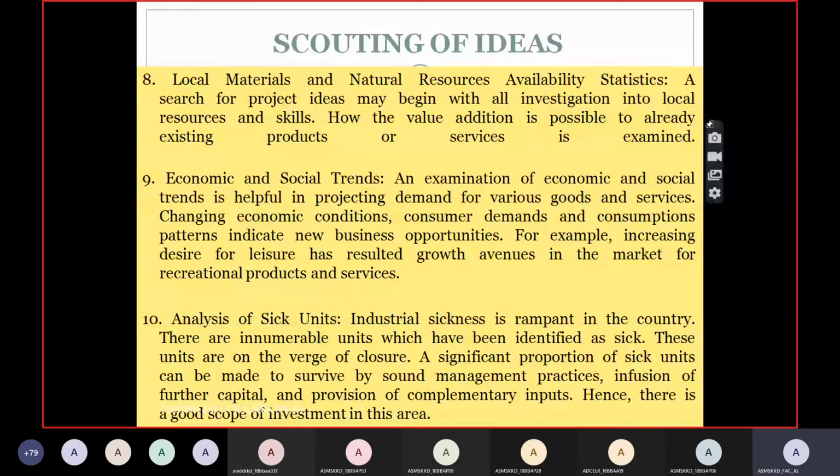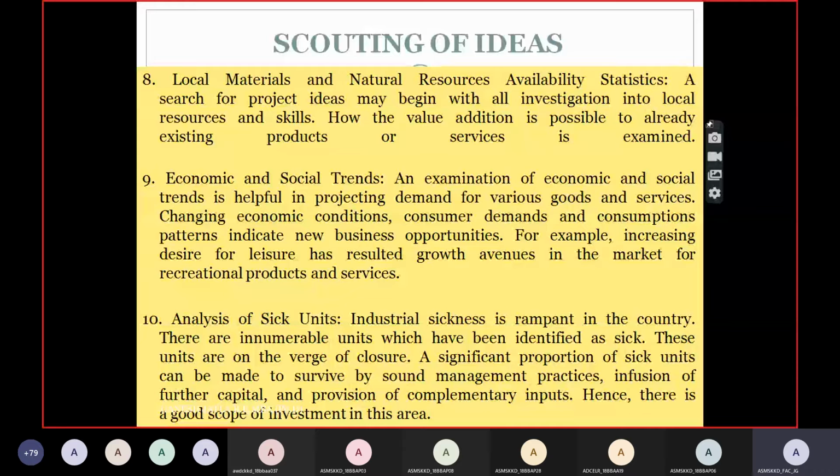And from economic and social trends, you can get ideas in a particular area. Based upon consumer demands and consumption patterns, you can generate new business opportunities. For example, currently the service sector has 5 days of working and 2 days of leisure. Because of these 2 days of leisure, people go on holiday trips, weekend trips generally.